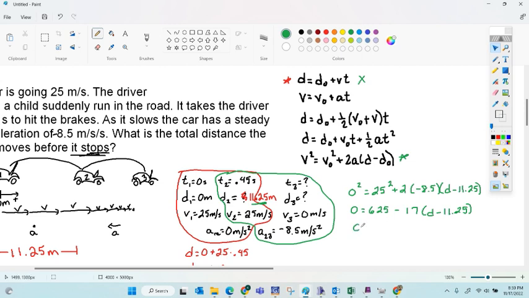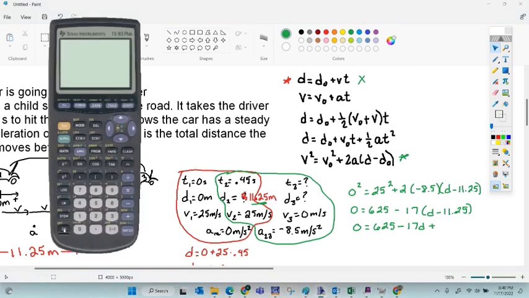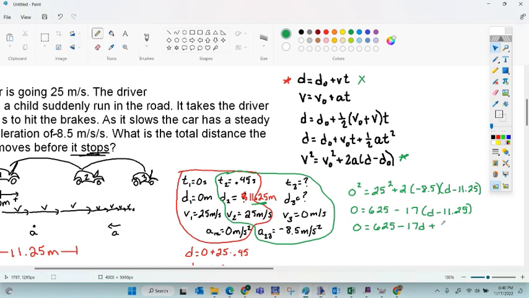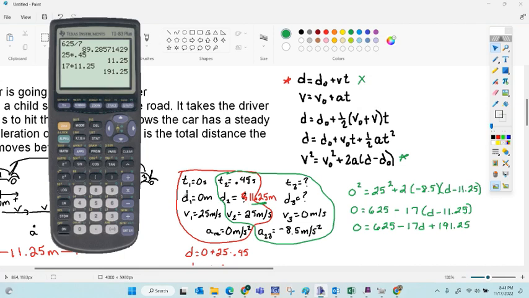Let's distribute. So we're going to take 17 times 11.25. Let's finish with the algebra. I know you're all capable of that, so I'll just do it kind of quickly.